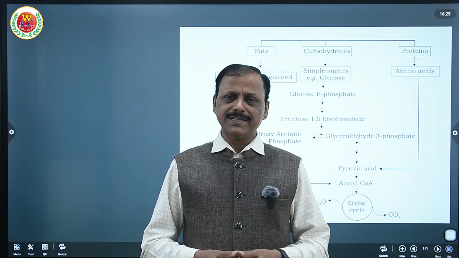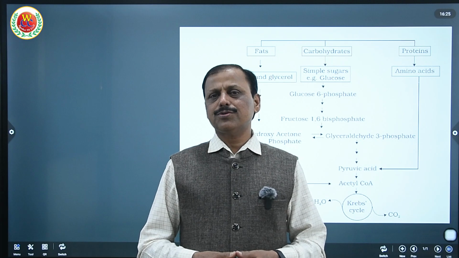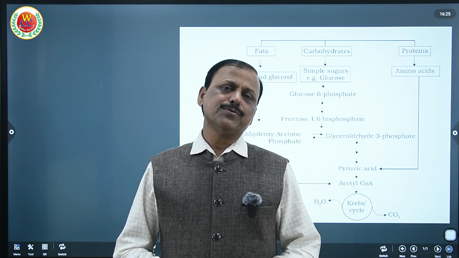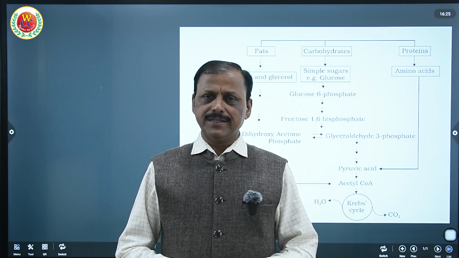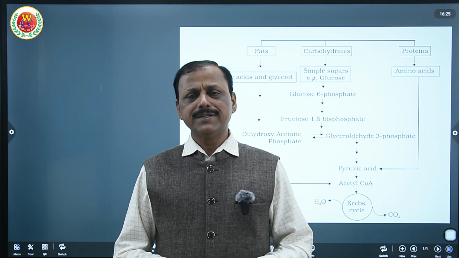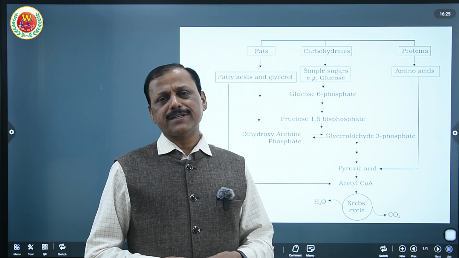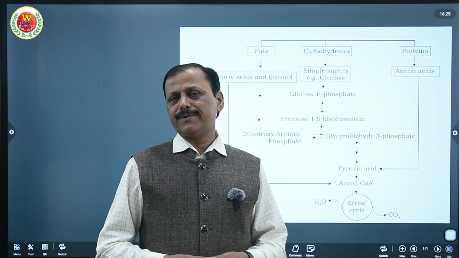But when we are fasting, when we do not take food, then naturally that stored fat is supposed to undergo oxidation to produce the energy. With a long fast, glucose is also finished, fat is also finished. So what is left? That is protein, and therefore protein becomes a respiratory substrate to undergo oxidation and release energy. It is the final one.